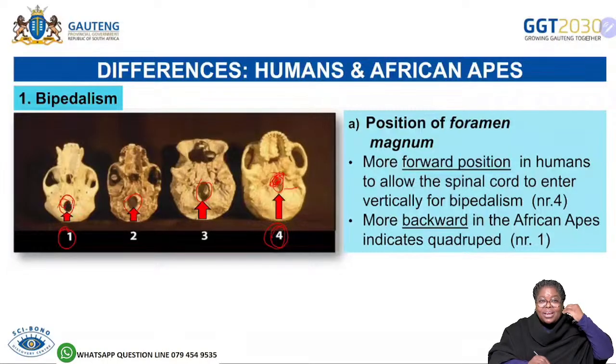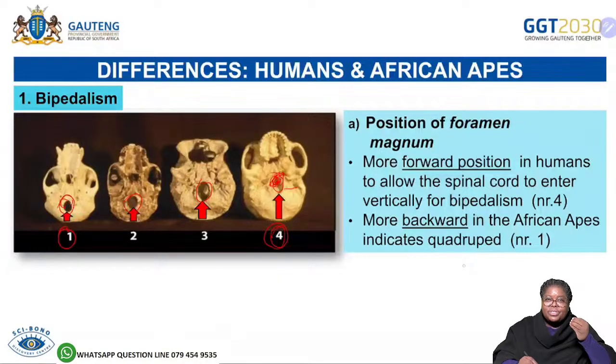And that qualifies the organism to be what? To be quadruped. So with quadruped, it moves using what? The forelimbs and the hind limbs, right? Quad means 4, remember bi means 2. So more forward position in humans to allow the spinal cord to enter vertically, we refer to bipedalism.